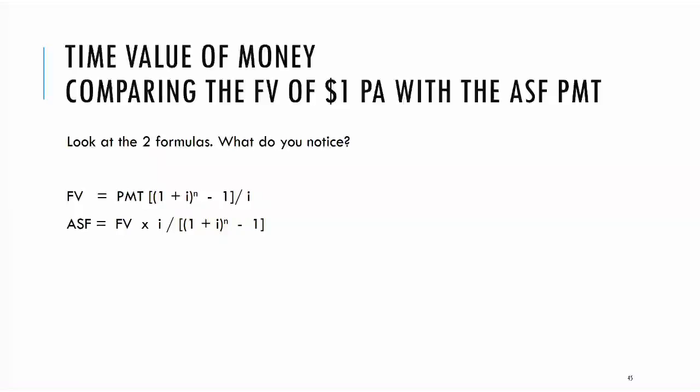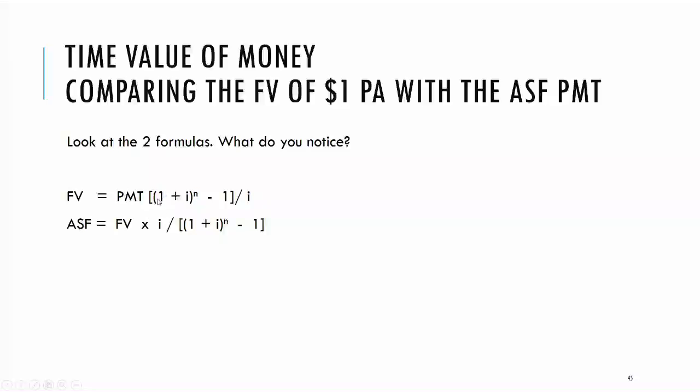Now, look at these two formulas. Comparing the future value of $1 per annum with the annual sinking fund payment. Future value equals annual payment multiplied by 1 plus I into the power n minus 1 divided by I. So if you remember this formula, you can twist this around and create the annual sinking fund formula.